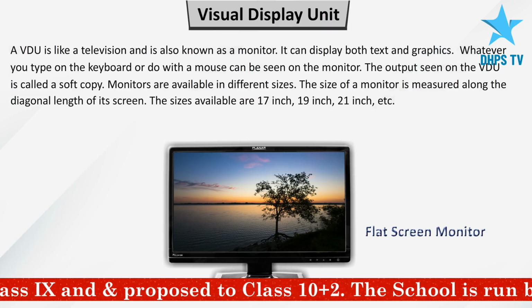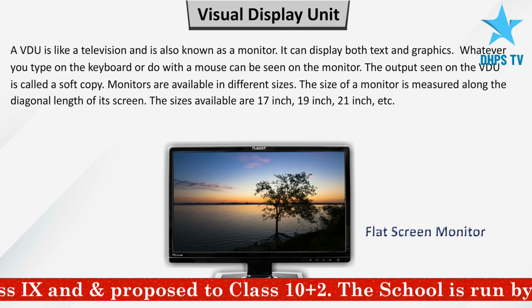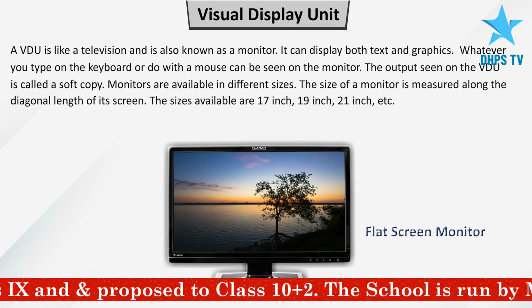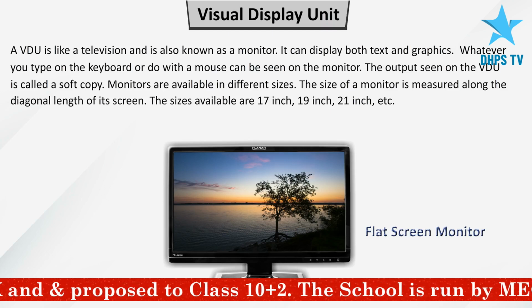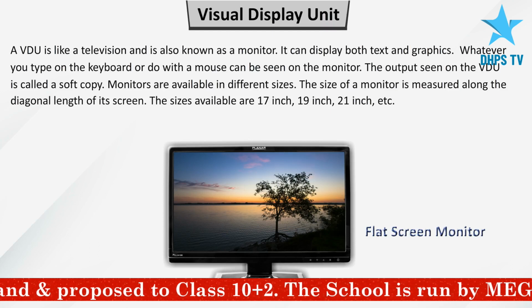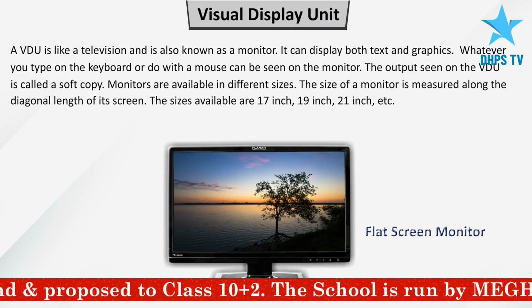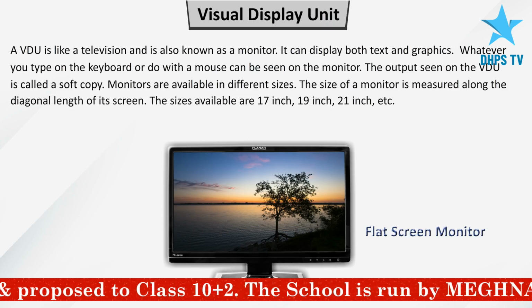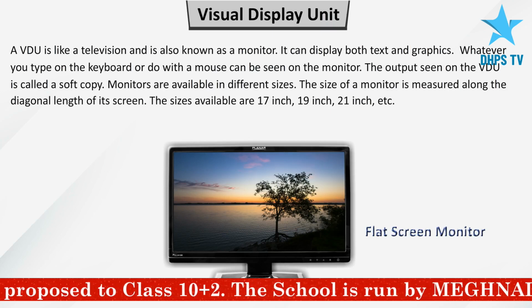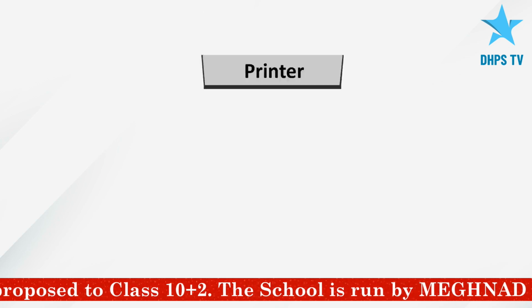Monitors are available in different sizes. The size of a monitor is measured along the diagonal length of its screen. The sizes available are 17 inches, 19 inches, 21 inches, etc. Printer.